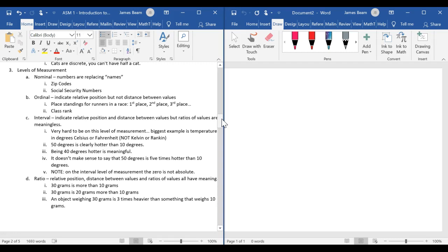Interval: distances matter, but you cannot form ratios. So let's give why this is the case. And this is where kids get stuck. Temperature is usually about the only thing that works here, if it's temperature in degrees Celsius or Fahrenheit.